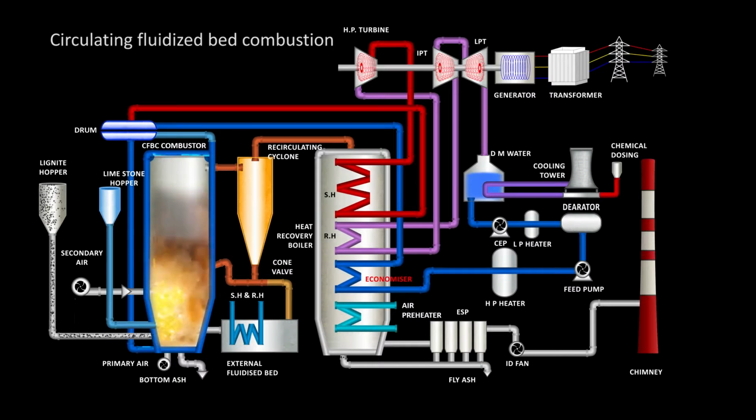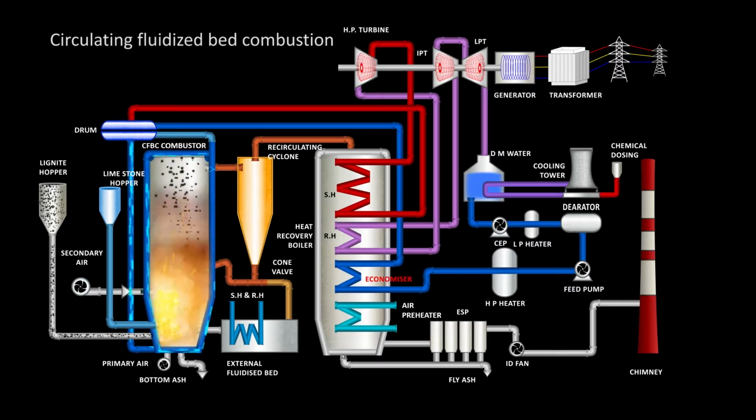Nearly 550 tons of bed material of size ranging from 0.2 mm to 1 mm is already charged in the combustor. The primary air supplied through a number of nozzles provided at the bottom of the combustor fluidizes the lignite along with bed material. Required secondary air is supplied to the combustor to ensure complete combustion.